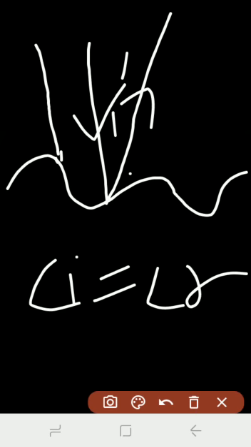We can have an optical illusion with this, but in this also the laws of reflection hold. Means in this also angle I is equal to angle R. The angle of incidence will be equal to the angle of reflection. That is, the angle made by the incident ray with the normal will be equal to the angle made by the reflected ray with the normal. So I hope you have understood many concepts, almost every concept of reflection of light.